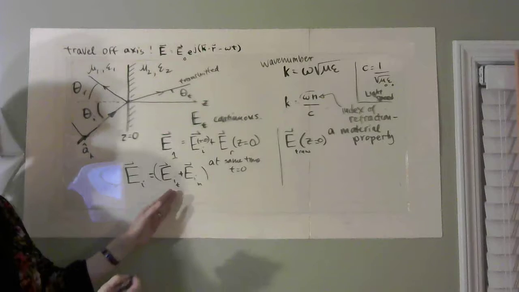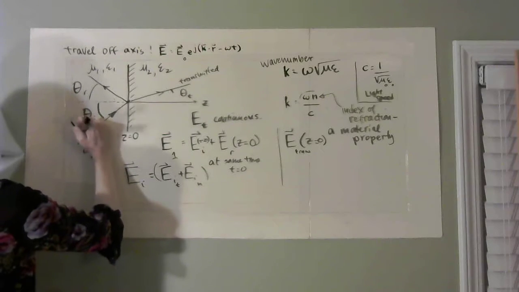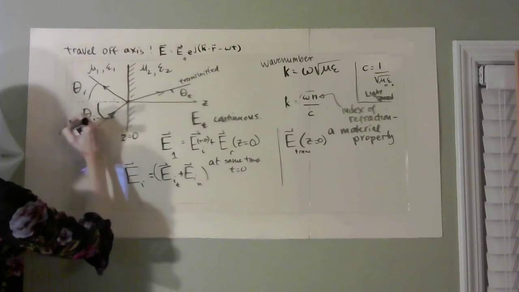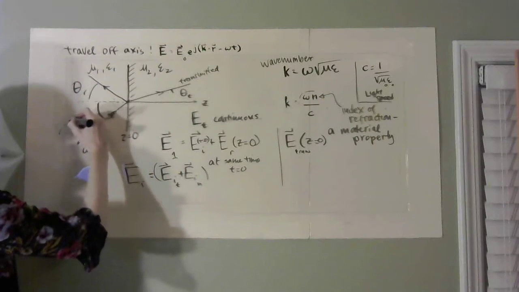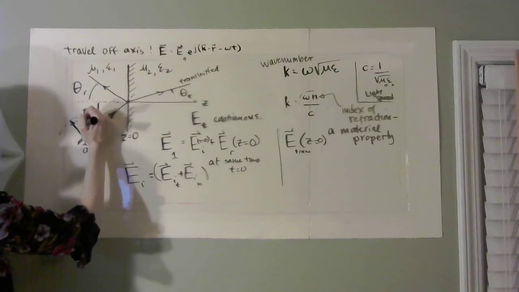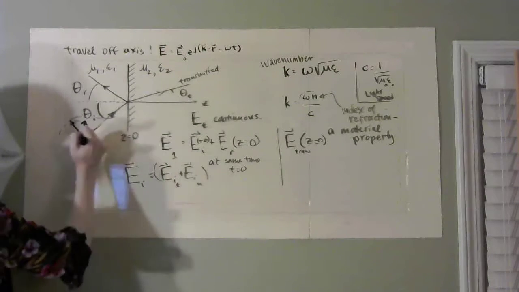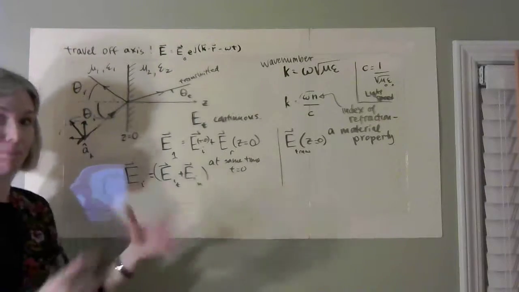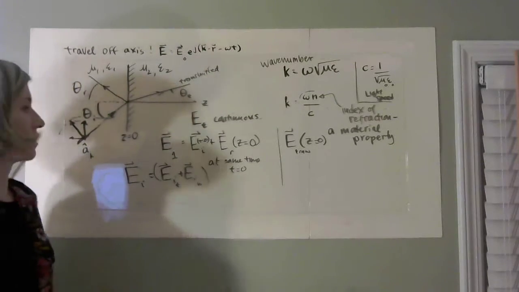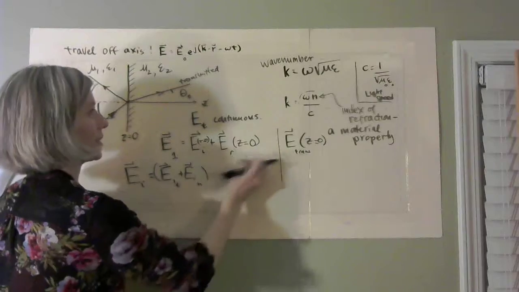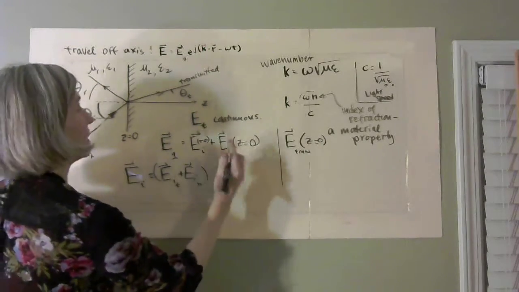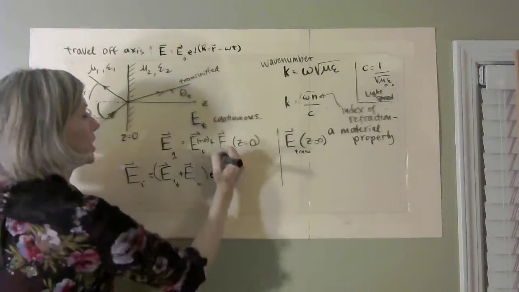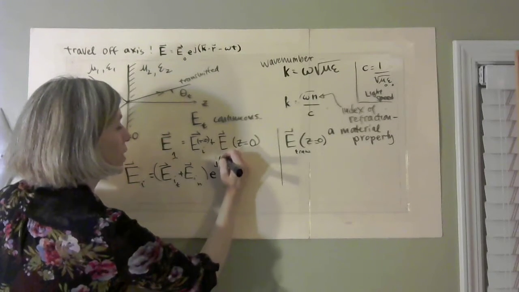So we've got the tangential and normal components. If we've got a wave that's doing this, it's got a part that's along the surface, so that's E tangential, and it's got a normal part. And they're multiplying that whole thing by this complex exponential, e to the j, wave vector.